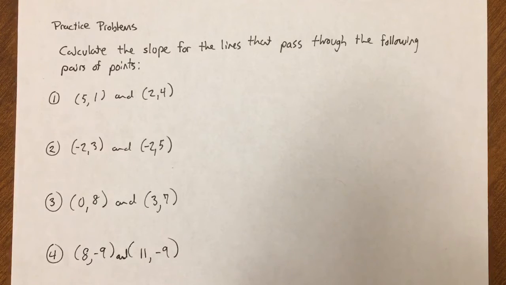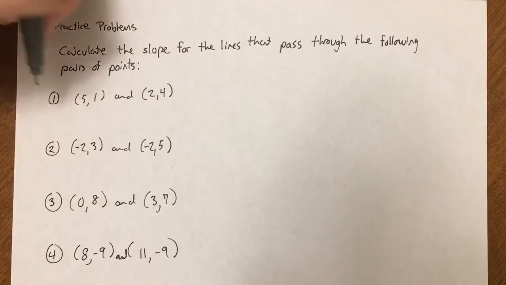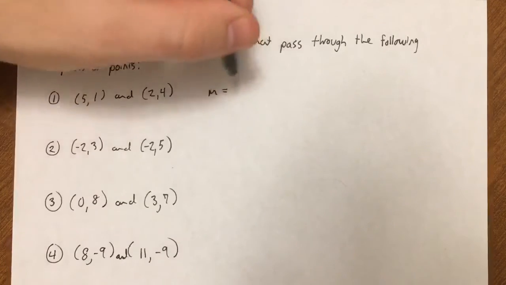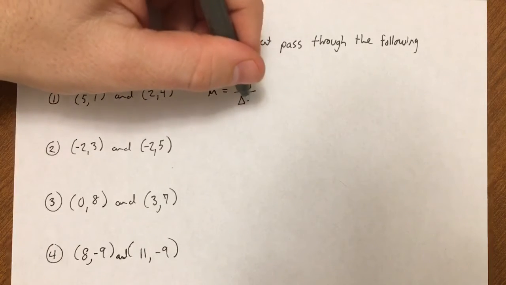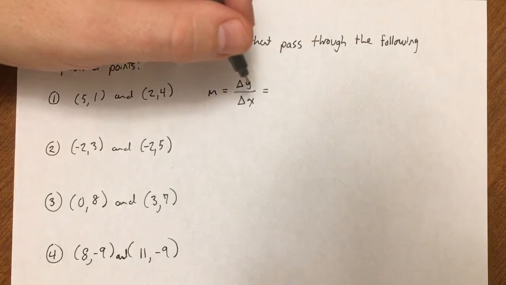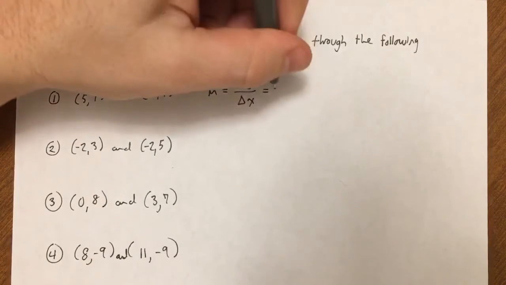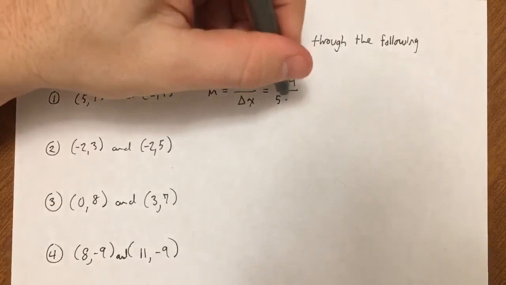So let's do problem number 1 first. We're going to calculate the slope between these 2 points. When we show our work, we always start off with our formula: m equals delta y over delta x. Remember, we're going to look for our change in y. That's going to be 1 minus 4, and then on the bottom would be 5 minus 2.